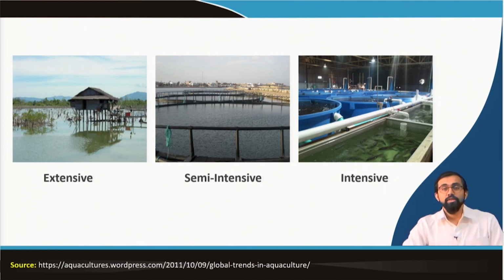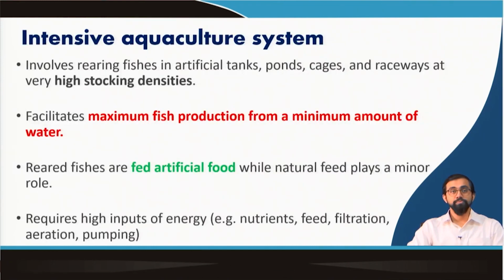In semi-intensive, we only have to worry about the feed and the fertilizers from time to time, if production has some issues with the amount of feed or fertilizer. In extensive aquaculture, we don't have to worry about any of this.